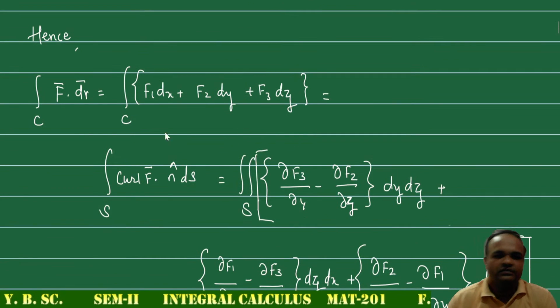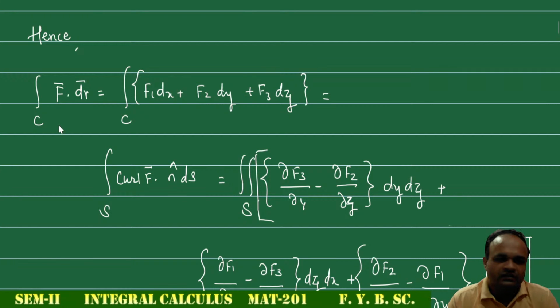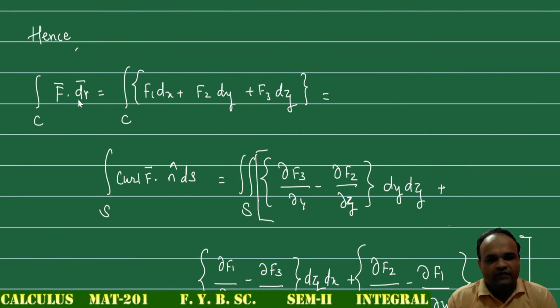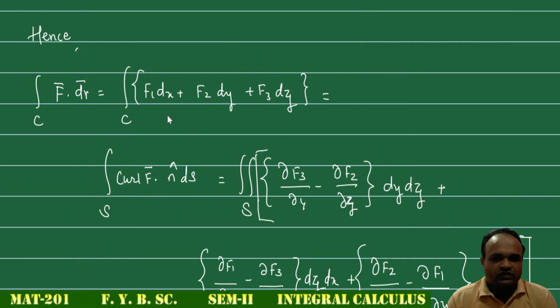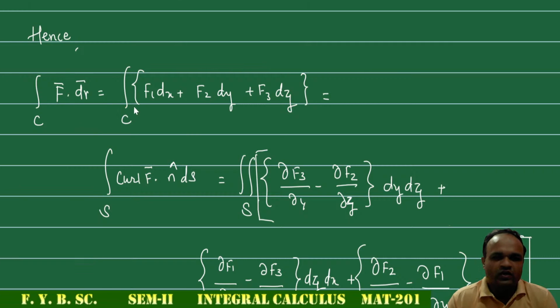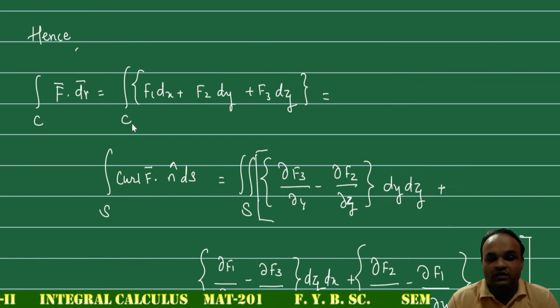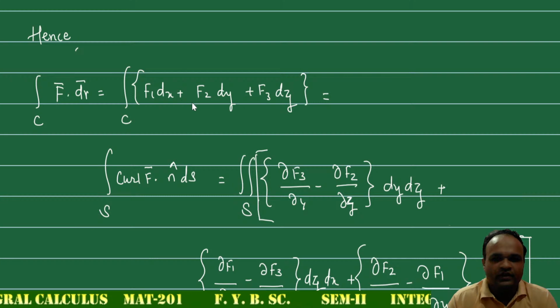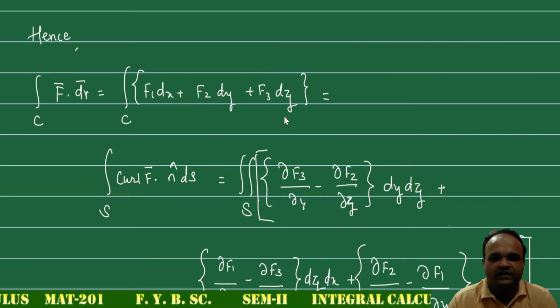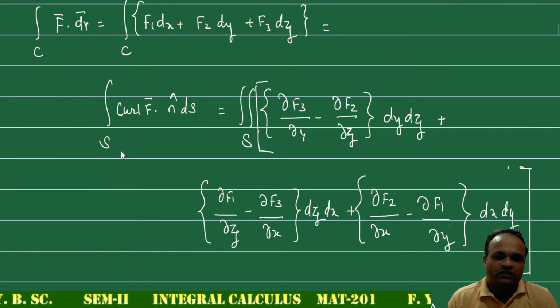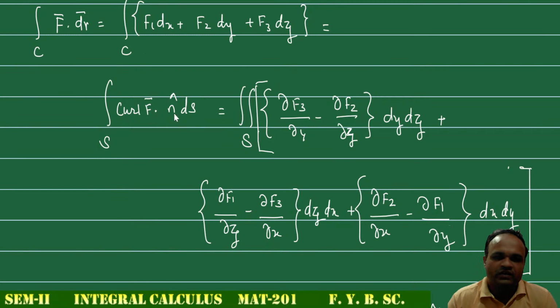Hence, this line integral over curve C of f bar dot dr bar will be equal to, so here we are putting value of f bar dot dr bar. So that is a line integral over curve C of f1 dx plus f2 dy plus f3 dz, and that is equal to the surface integral over S of curl f bar dot n cap ds.